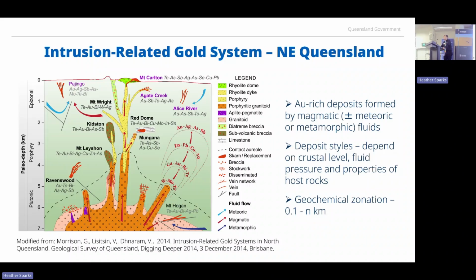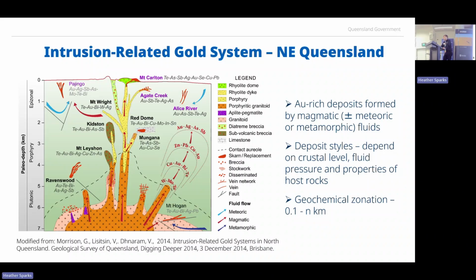This is particularly common in the bottom part of the deposition spectrum, with depths of 6-7 kilometers, where it's not uncommon to have mixing between magmatic fluids and metamorphic fluids, and there are very common situations of mixing of magmatic and meteoric fluids at shallow levels.